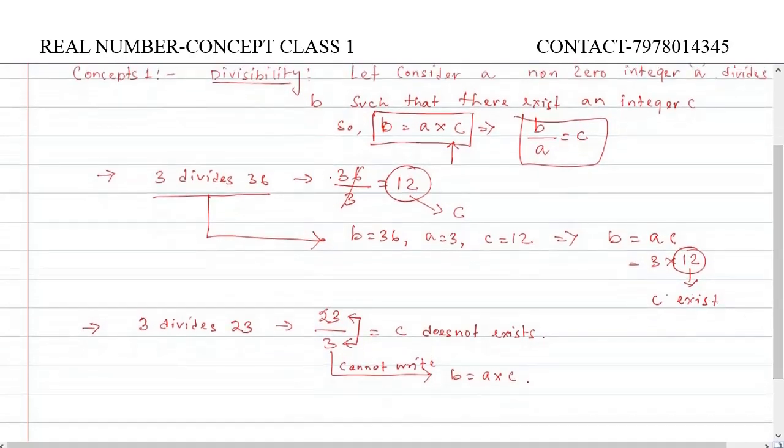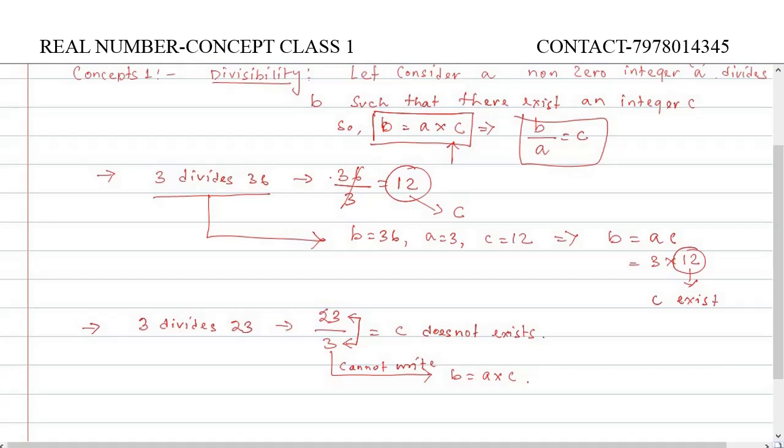So from the above discussion it is clear that if you divide a number by another number and the answer is an integer, then we can write that division process as b is equal to ac.